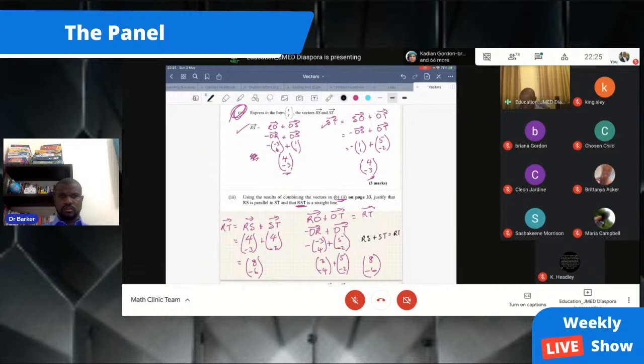Yes, we want to say that RS and RT are multiples of each other. So I can say that 2RS is equal to RT, because twice the RS is equal to RT. So these are the 2 things that you can look at to see that.